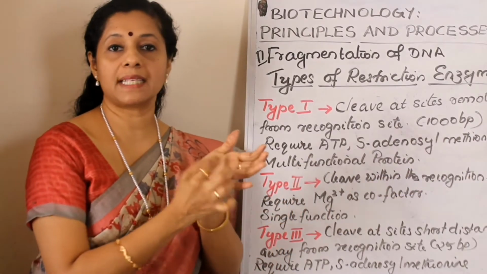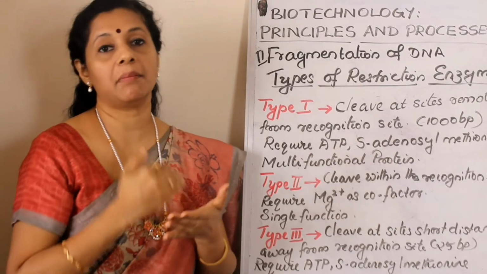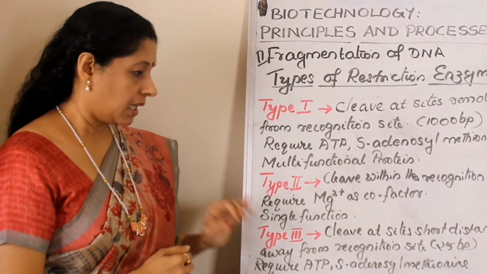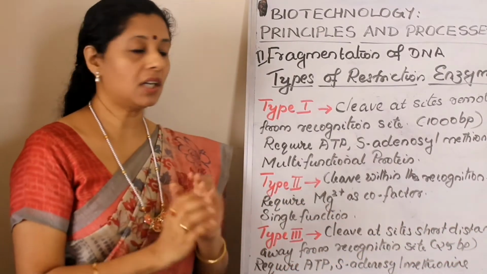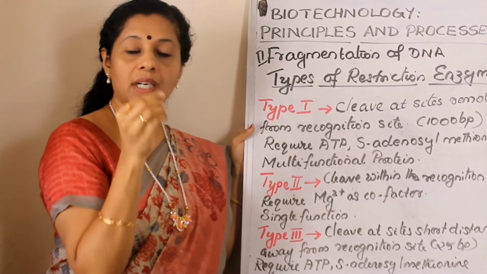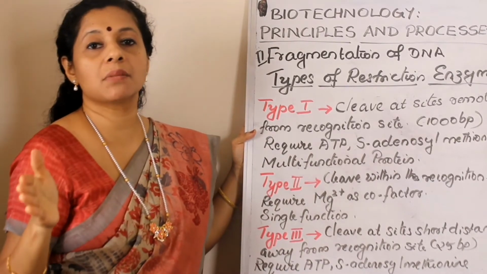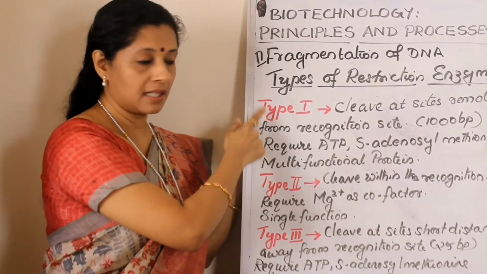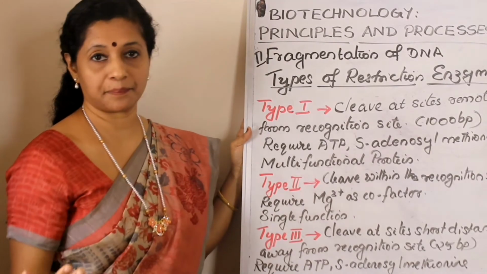Maybe 4 to 8 base pairs long recognition sites are there. Within that it will make a cut. Whereas the third type cleave at sites a short distance away. The third one is also like the first one, not cutting at the recognition site but a little away, maybe 25 base pairs away. Here type 1 is remote from the recognition site, type 2 within the recognition site, and type 3 away.